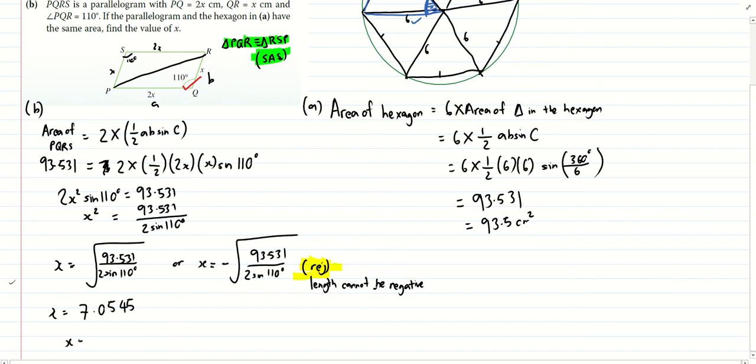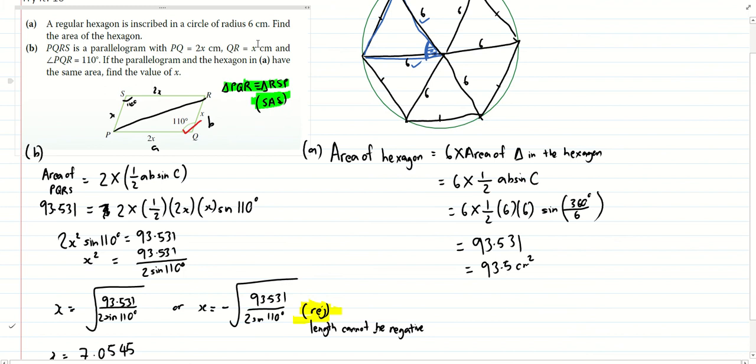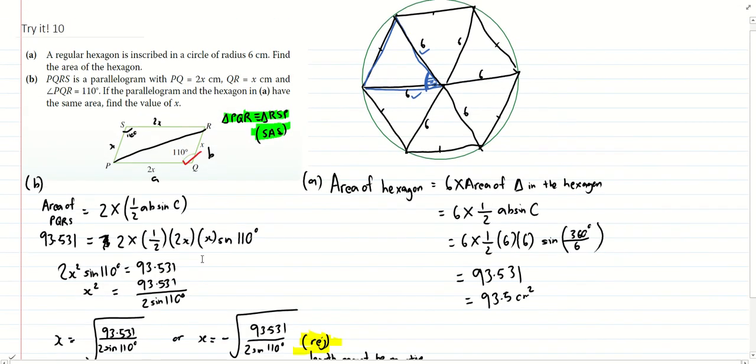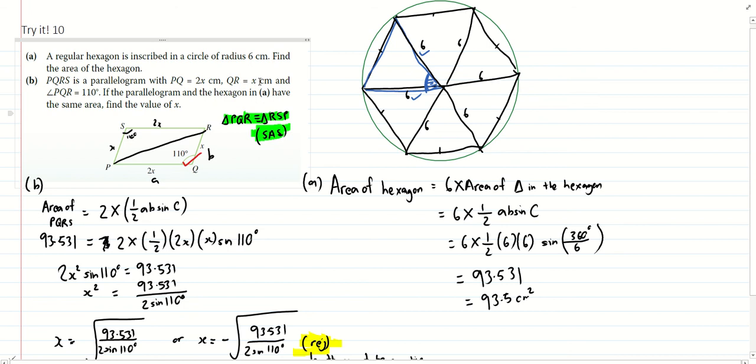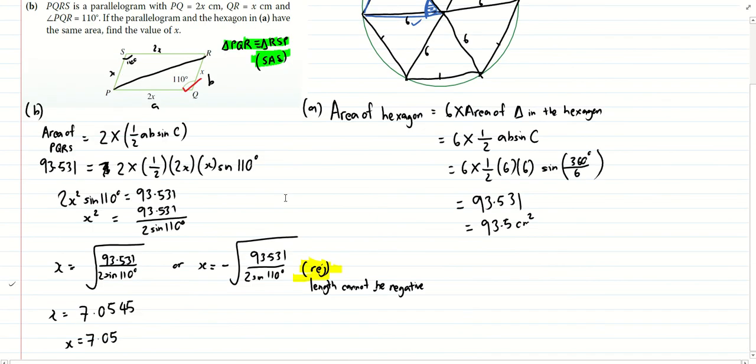Round off to 3SF, x equals 7.05. In this case we don't have units for x because x is just a number. The units are already there, xcm, so you put x equals 7.05 cm, then QR will be 7.05 cm. Just think of that. I know it's a bit of small things, but like I said, perfection in mathematical presentation.